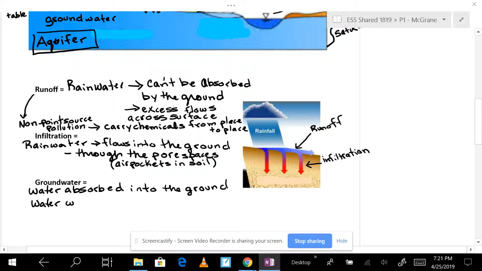Water will infiltrate, meaning move through the ground until it reaches the zone of saturation.